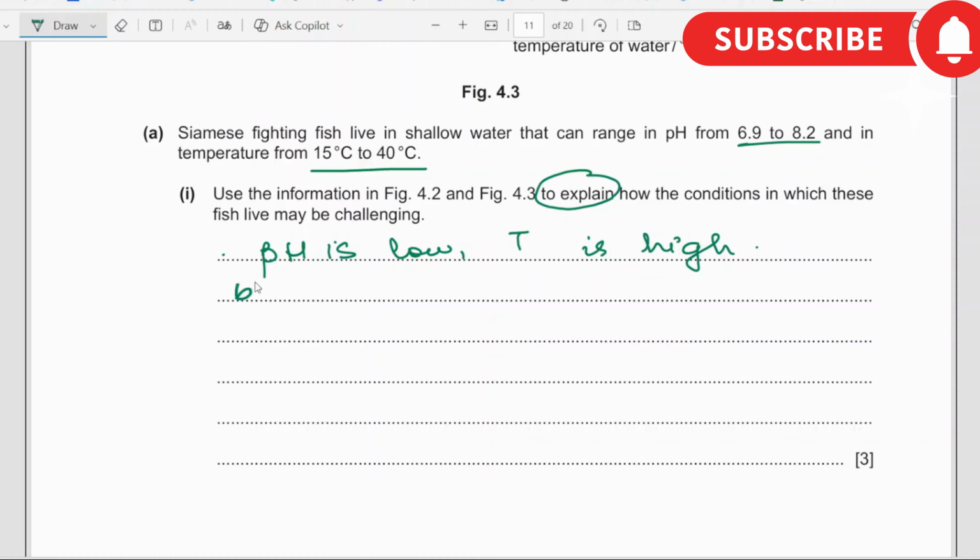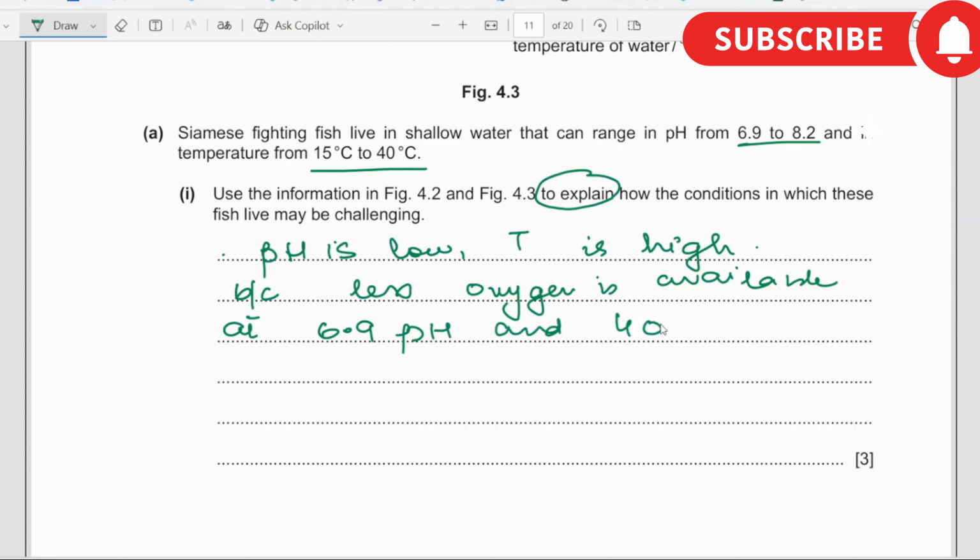Why? Because less oxygen is available at the lower pH, 6.9, and 40 degrees Celsius. Now if less oxygen is available, what is the challenge?